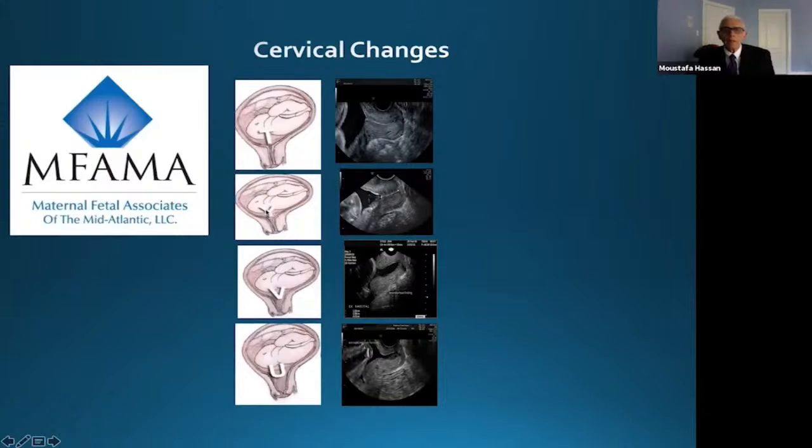When it starts to open at the internal os, when the pregnancy becomes a little bit heavier, it's going to turn to be a Y. More pressure, it's going to turn to be a V. And with more pressure, when there is bulge of the membrane through the external os, it's going to be like a U. T, Y, V, U. Definitely, you do not want to get to the U stage. Preferably you don't get to the V stage. So your intervention should start from here when it gets to be a Y.